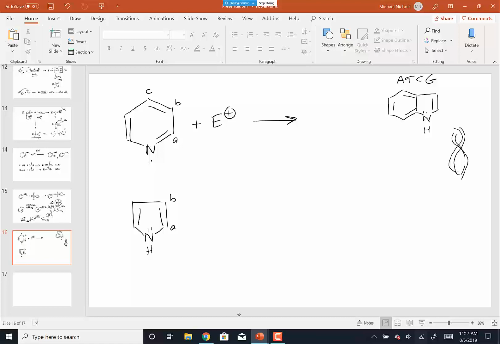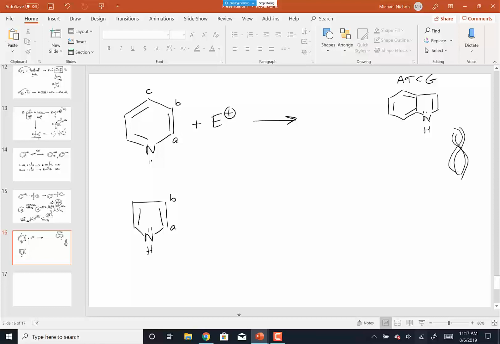Add the E plus to carbon A and write all the possible resonance structures. Then add E plus to B and write all the possible resonance structures. And then add E plus to carbon C and write all the possible resonance structures.